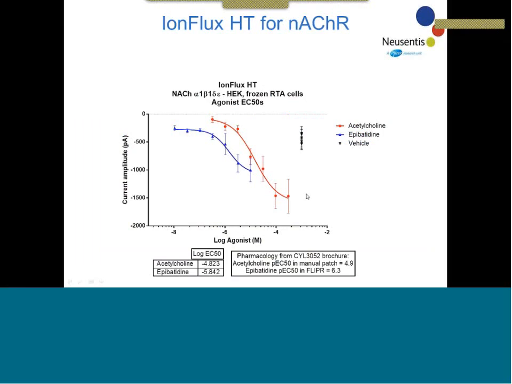And basically the EC50 values that we've got from this one experiment, never run before with these cells or compounds, are in fairly good agreement with published values again. And I guess the message here is the ease of use of the instrument. You can take a cell line that you haven't used before, set up an application protocol, put the cells on, and you should get pretty good data straight off the bat.